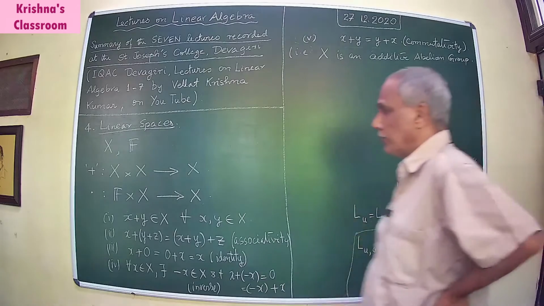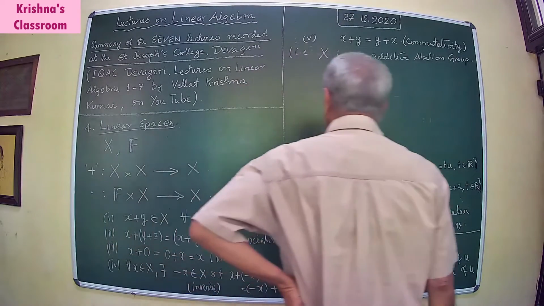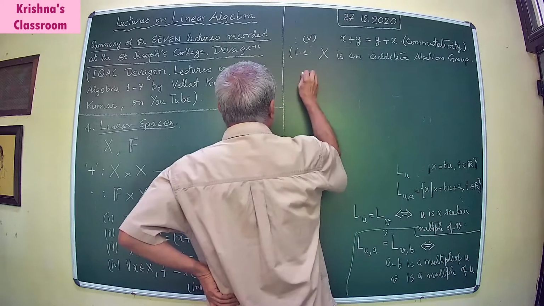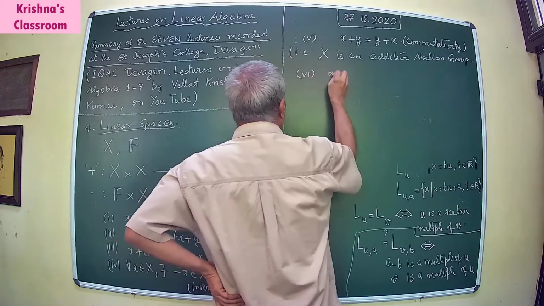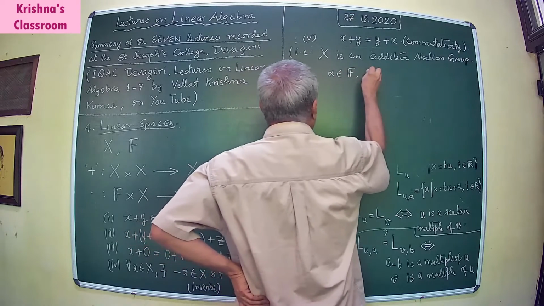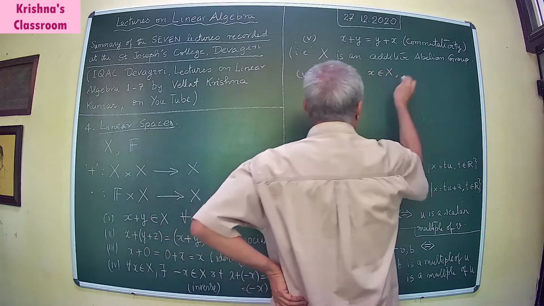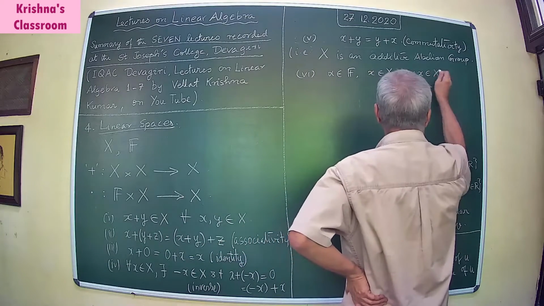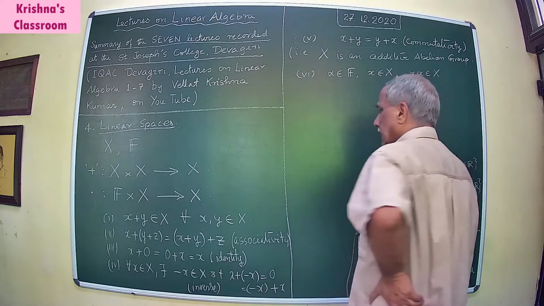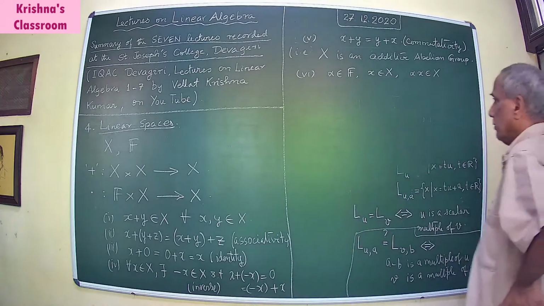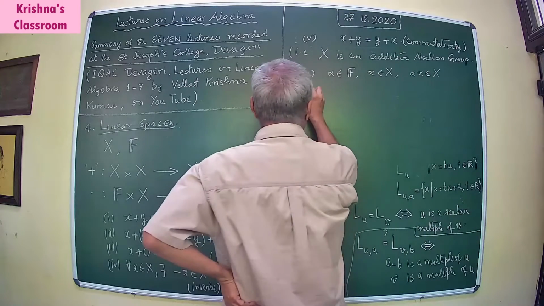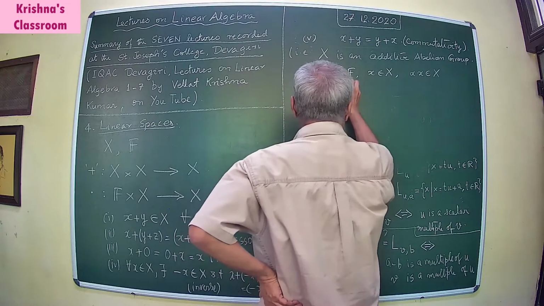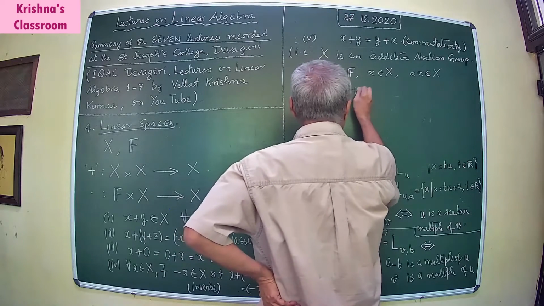Now we have the second operation. It says for alpha belonging to F, x belonging to X, alpha x belongs to X. Alpha dot x I write as alpha x. And then you have the property alpha of x plus y.